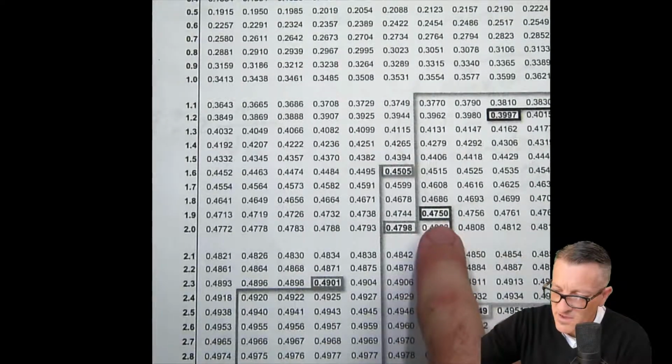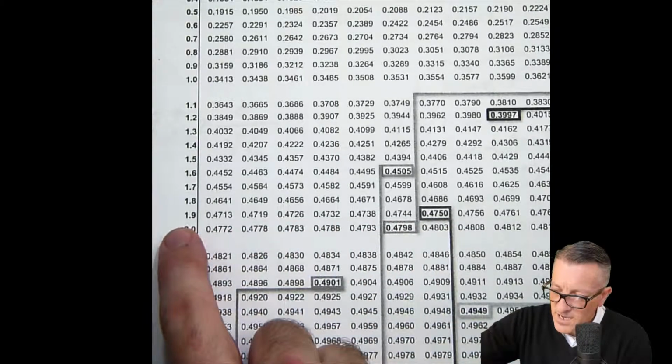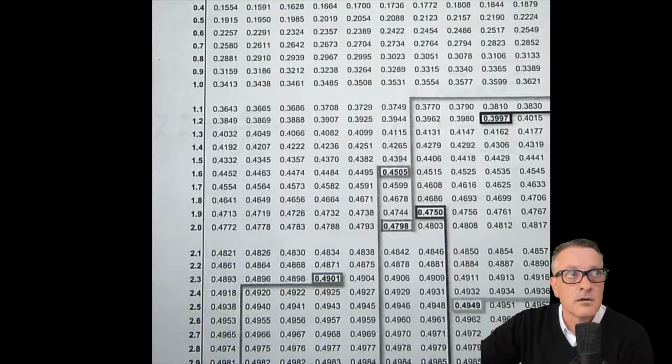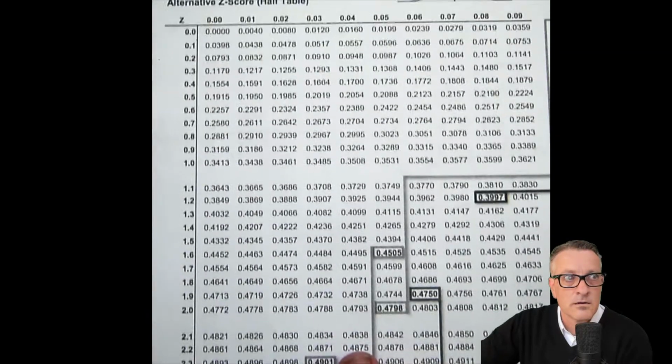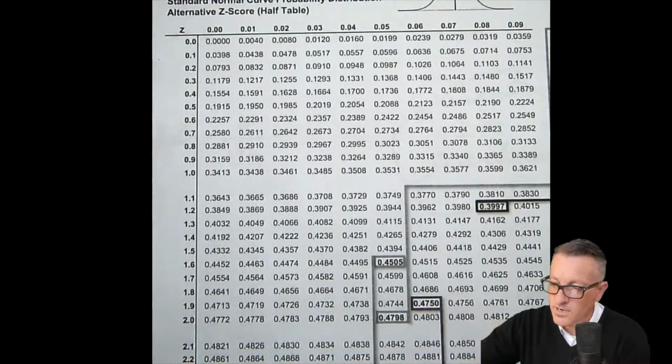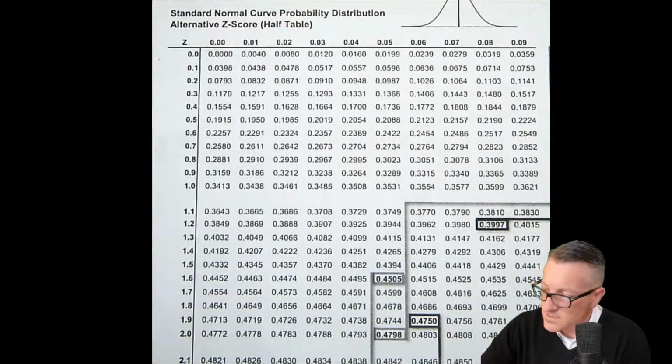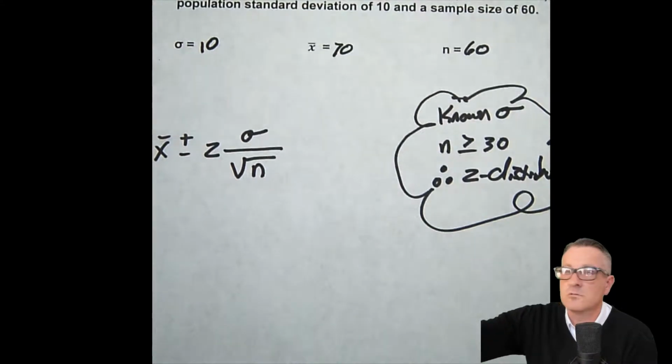If we follow this up, it goes to 0.475, and that is 1.96. So that's 1.96. That's our value that we are going to use.